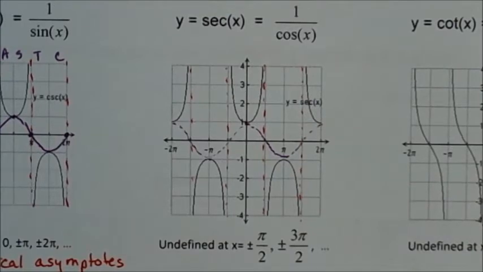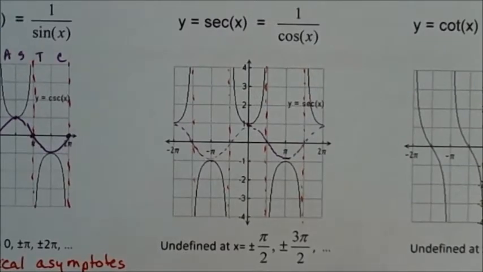What is our domain and range for y equals secant x? Domain and range. Domain is all real numbers, except our vertical asymptotes, the x values of plus or minus pi over 2, 3 pi over 2, and so on.